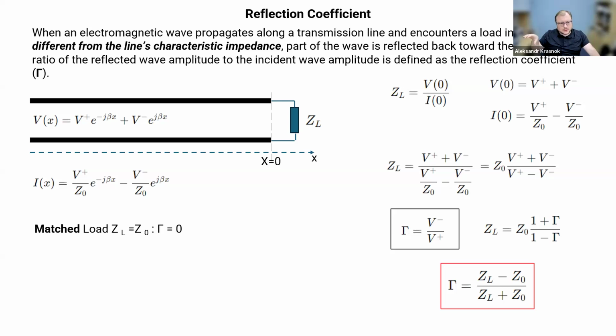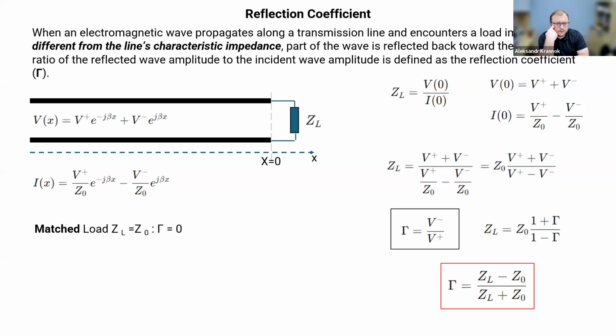The transmission line characteristic impedance must be equal to the load impedance. So in this case, the reflection coefficient is 0, meaning that everything that we send to the system doesn't return back to us, to the generator. So this is a matched case, matched load.